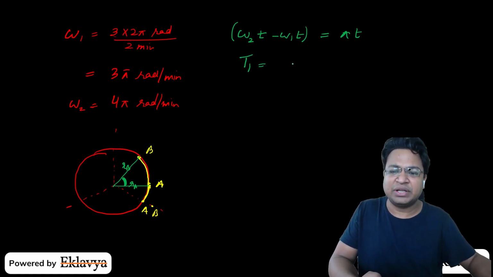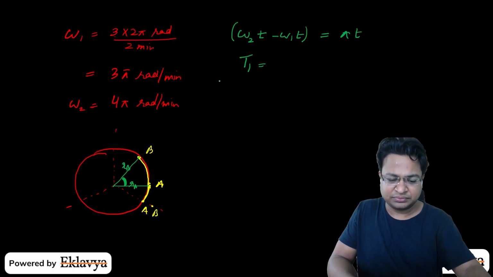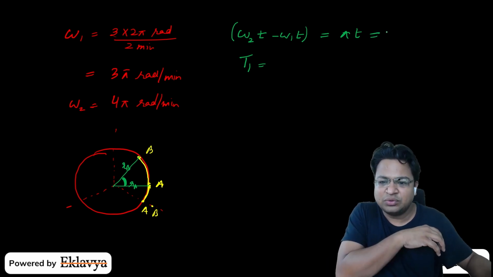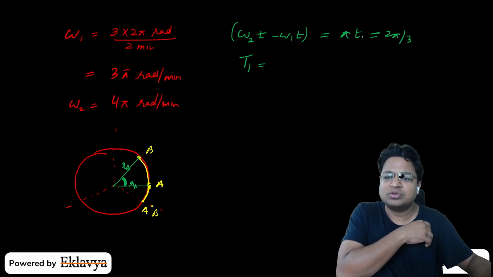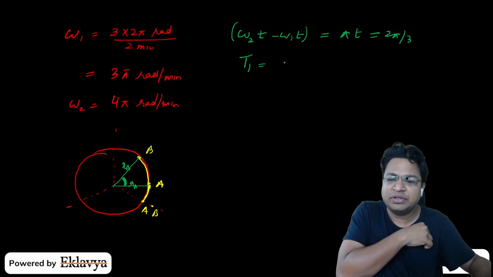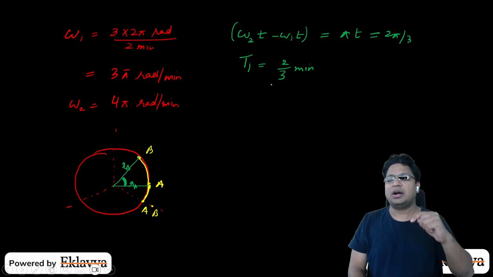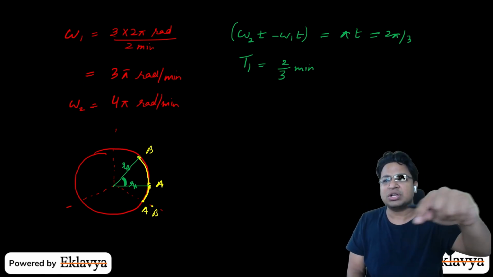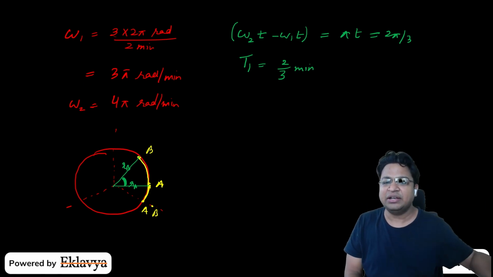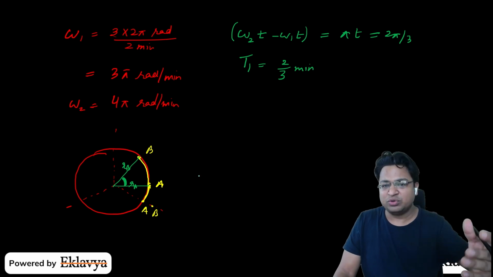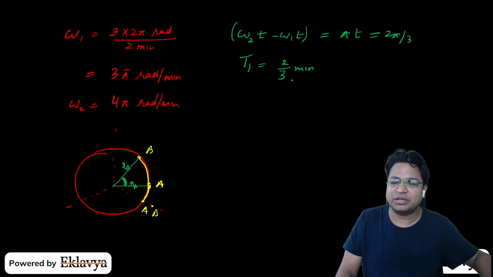So capital T1 will be given by equating this value to 2 pi by 3. The t that you get from here will represent T1. So that would be 2 by 3 of a minute. So as B goes around and joins A again, A is able to see B for a duration of 2 by 3 minutes, which is equal to 40 seconds.